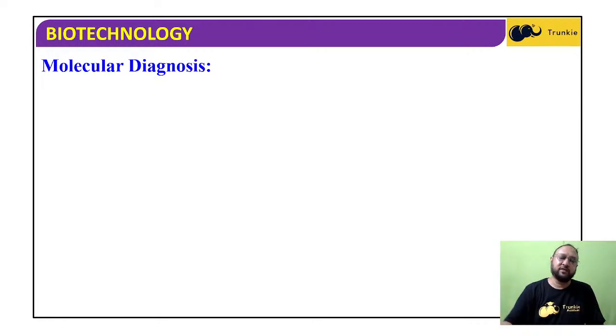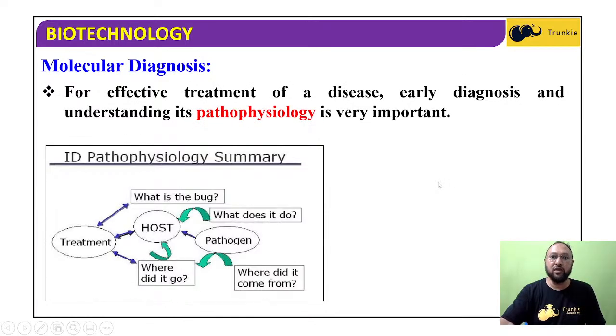Molecular diagnosis. This is also very important because to know the exact cause of the disease is not easy to understand. And some diseases are such that without going to the molecular level, it's not possible to understand the actual cause of the disease. So if the cause is known, the treatment can be planned and then devised. Okay, so molecular diagnosis is very, very important.